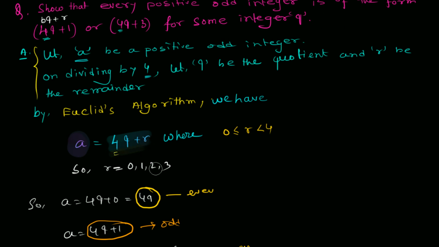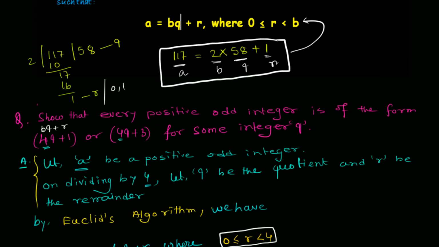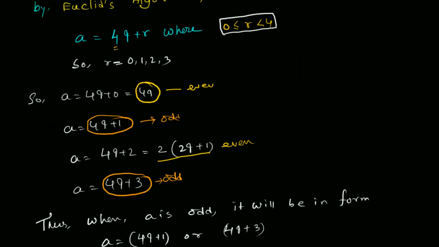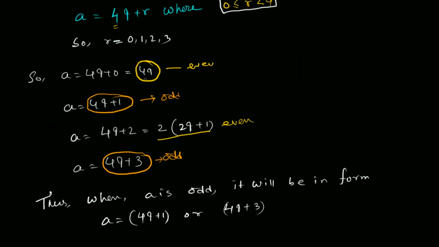Remember that you should always be able to write this, and the most important part is the remainder part. That remainder is 0 less than or equal to r less than 4, because that's what gives us the possible values of r. Even in the statement it's given, it must be 0 less than or equal to r less than b.